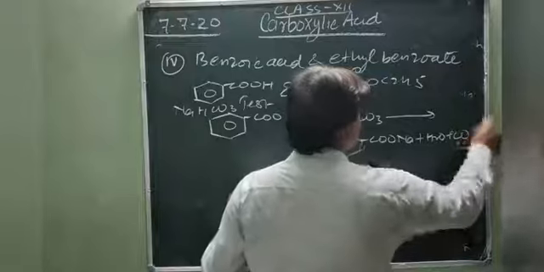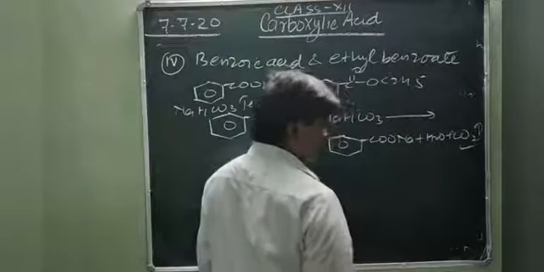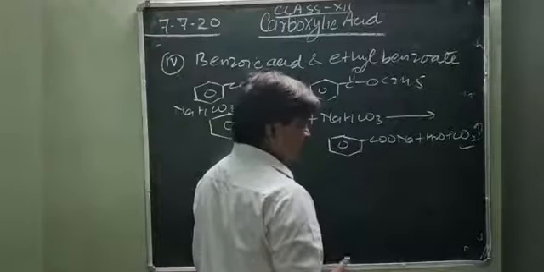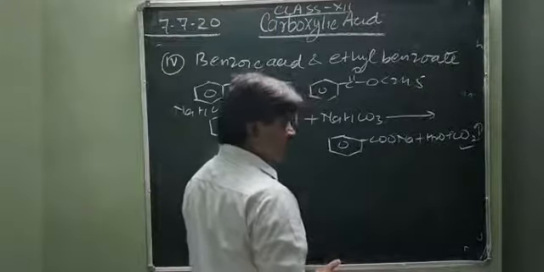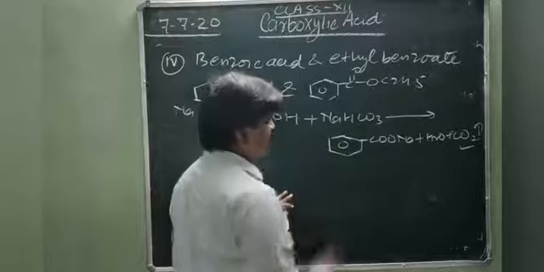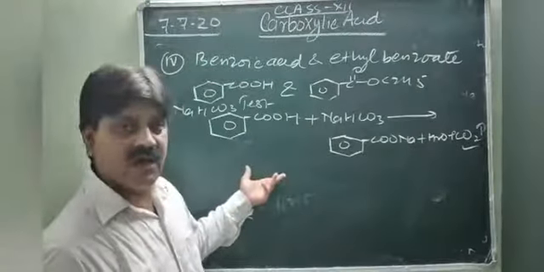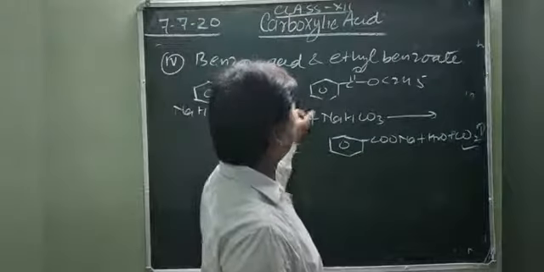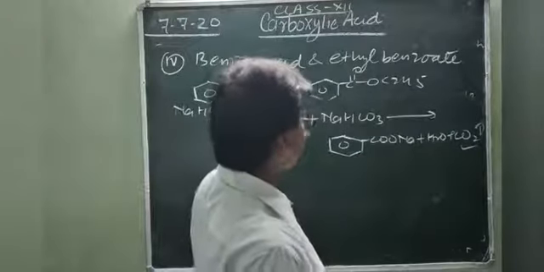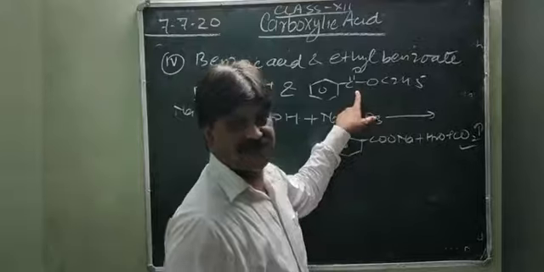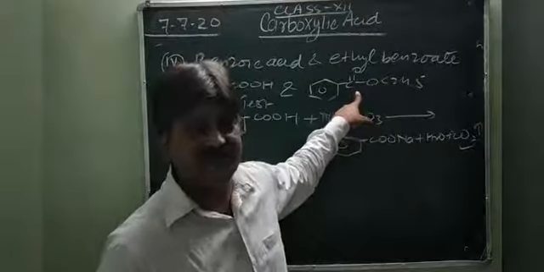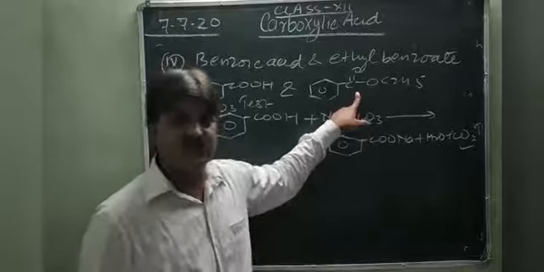This brisk effervescence of carbon dioxide is found in the case of benzoic acid, whereas no reaction is found in the case of ethyl benzoate. Sorry, benzoic acid gives the sodium bicarbonate test and ethyl benzoate does not. Is it clear? Acid always gives brisk effervescence with sodium bicarbonate or sodium carbonate.